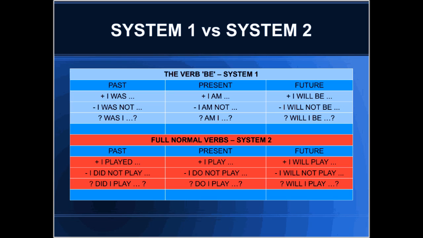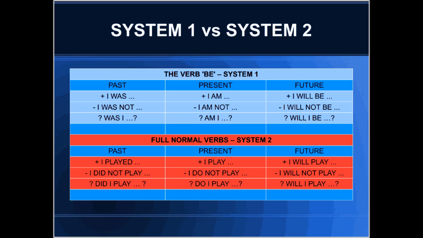This is what they need to do to be able to use the right forms. We can see the future is the same, so there should never be any problems. Of course, that's in a perfect world. We can see that a student using the present and past will need to correct themselves by using the correct system.